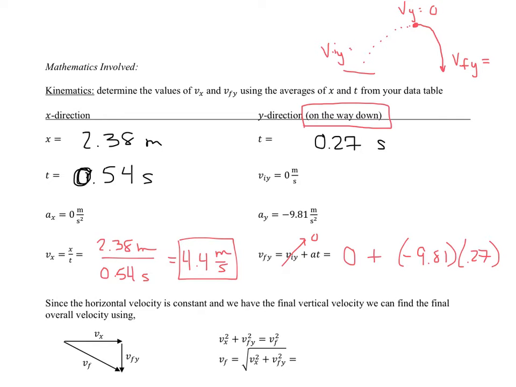So we get negative 9.81 times 0.27, or whatever time you had for your groups. Giving me around, I'm going to give you one more decimal spot this time. Well, I'll actually round it. 2.6. We'll leave it at that.